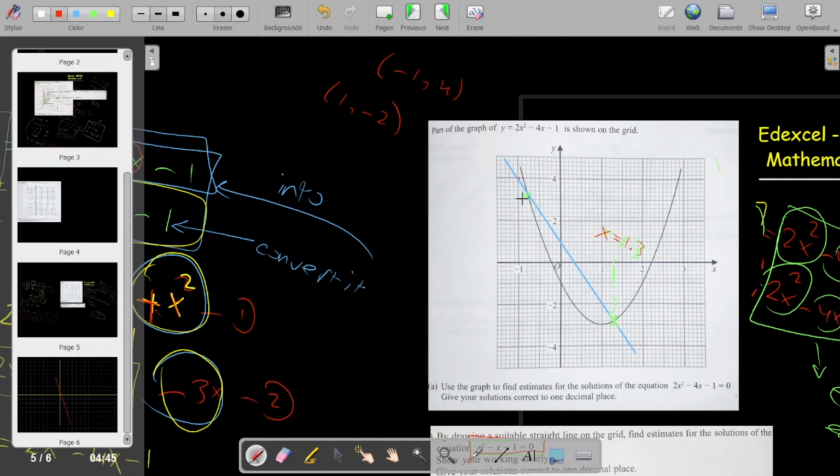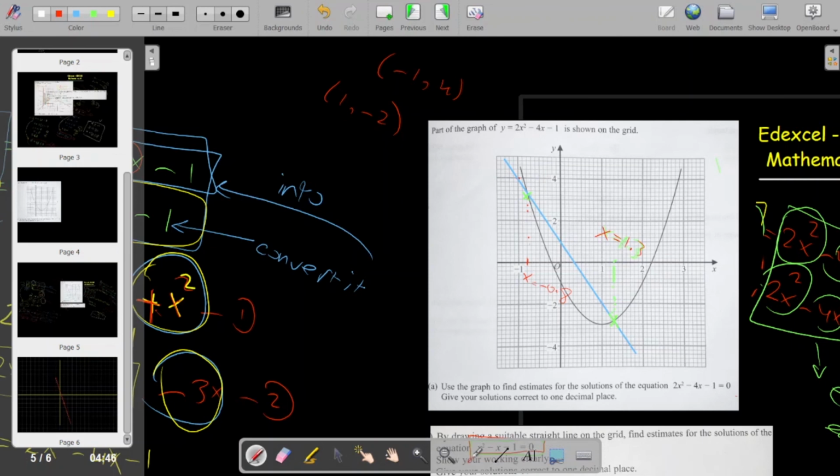The second solution is gonna be something around this, I think. It's gonna be around minus 0.8. So the second solution is gonna be minus 0.8.